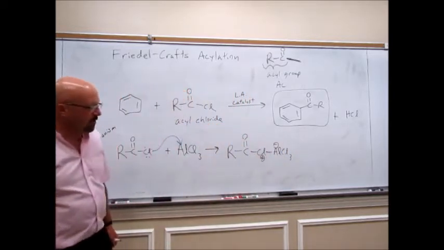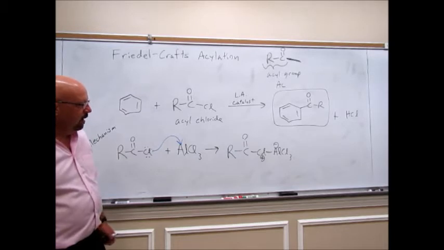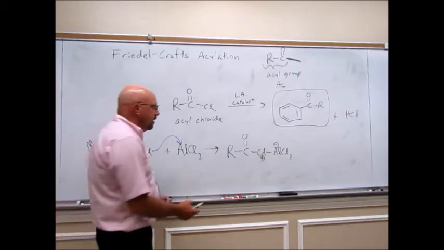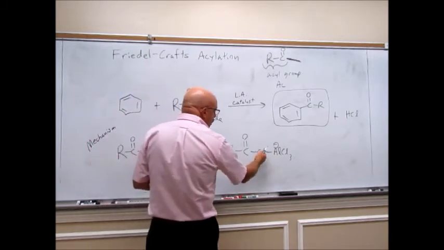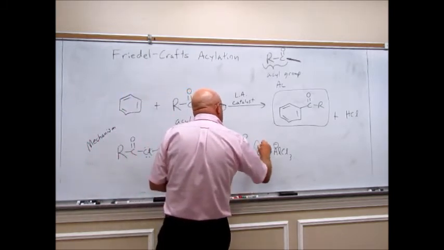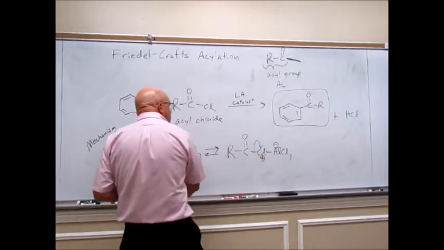And a chlorine with a plus charge is not happy, and so this will want to break apart. We could break the chlorine-aluminum bond and go right back to where we started, or we can break the carbon-chlorine bond. So you're going to take the electrons onto the chlorine.